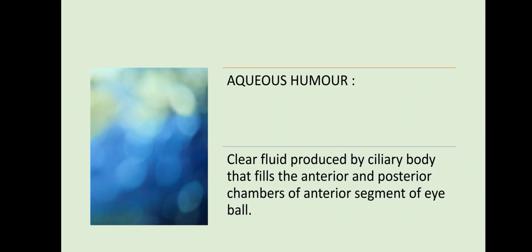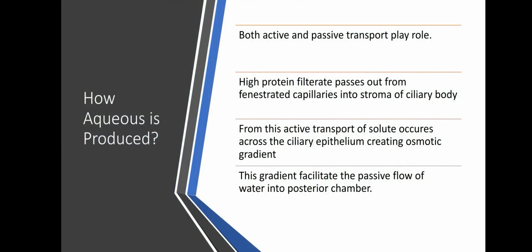Aqueous humor: a clear fluid produced by the ciliary body that fills the anterior and posterior chambers of the anterior segment of the eyeball. How is aqueous produced? Both active and passive transport play a role.